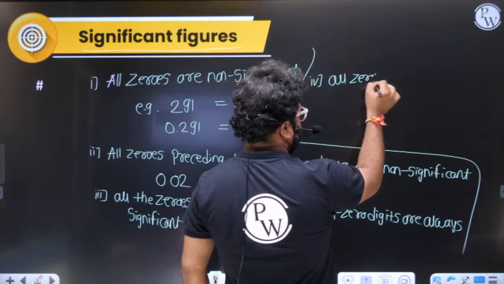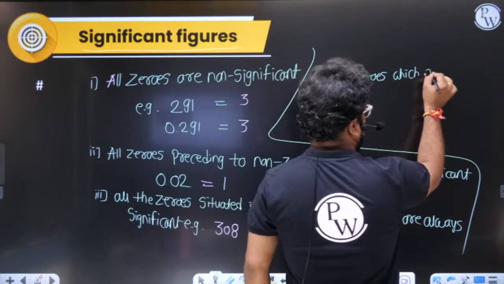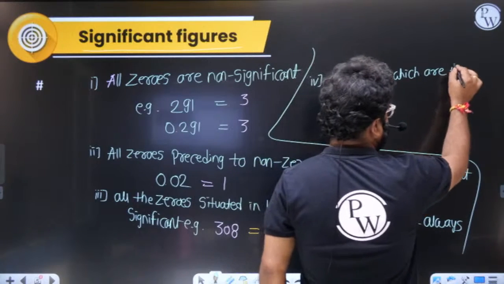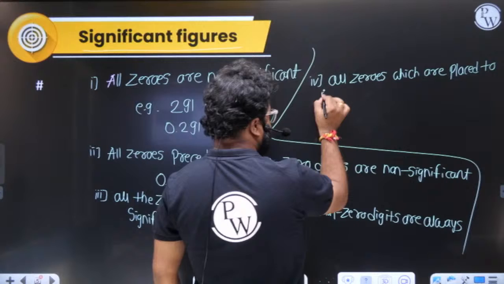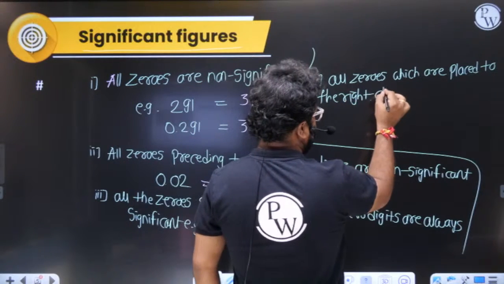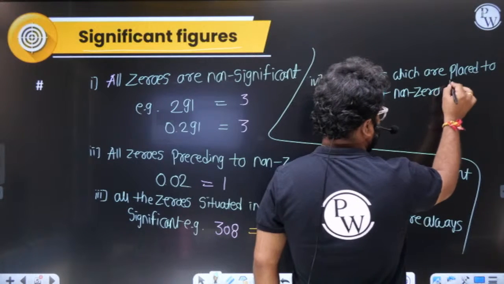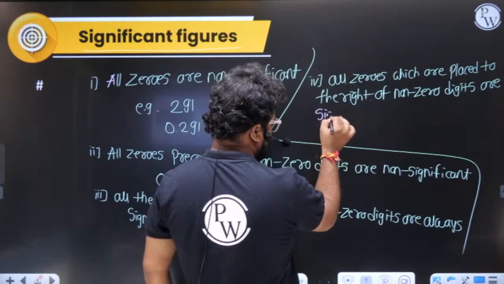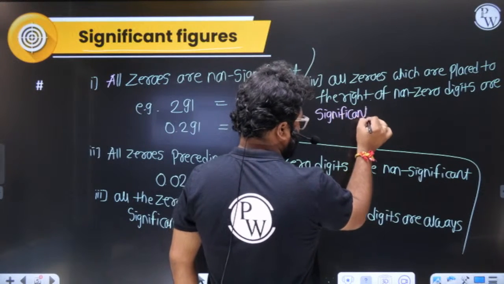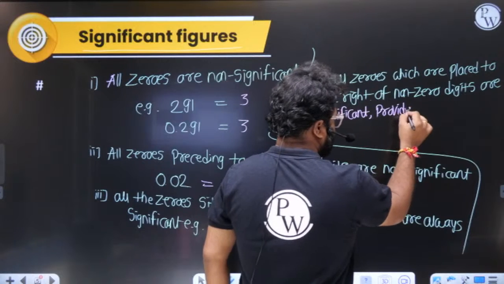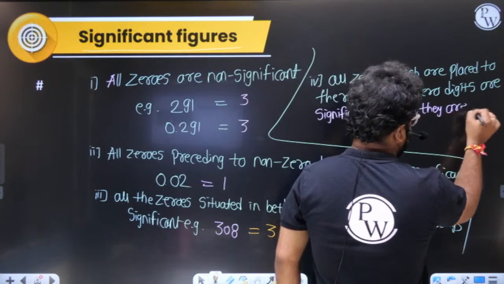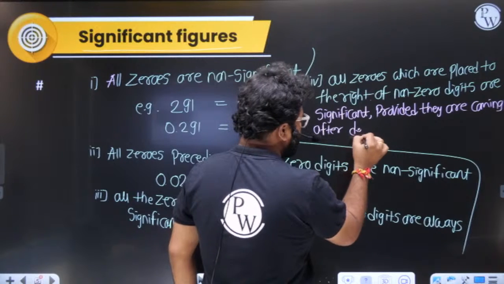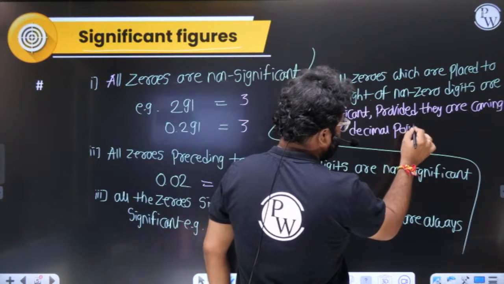All zeros which are placed to the right of a non-zero digit are significant, provided they are coming after a decimal point.